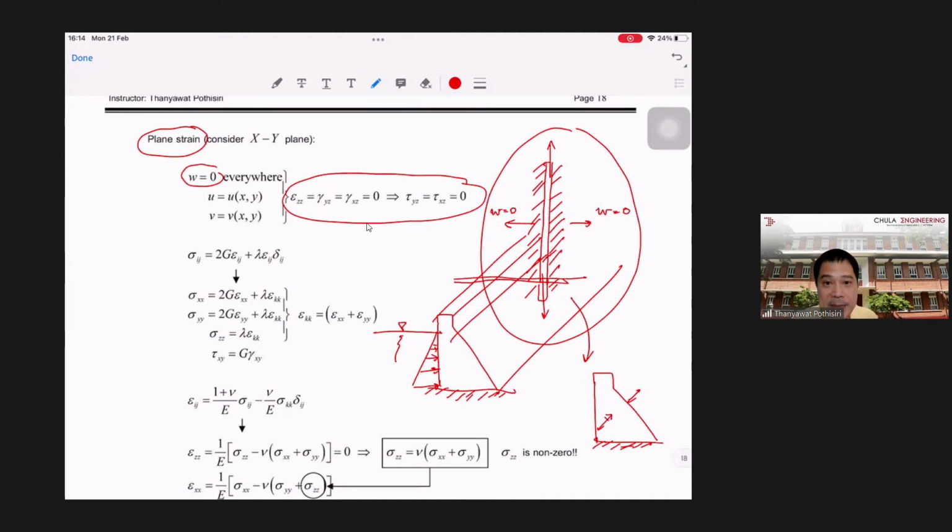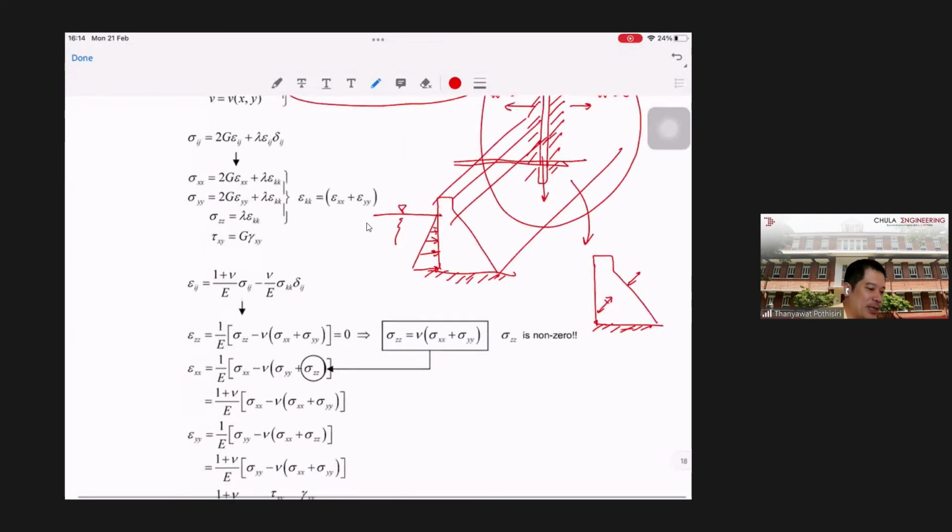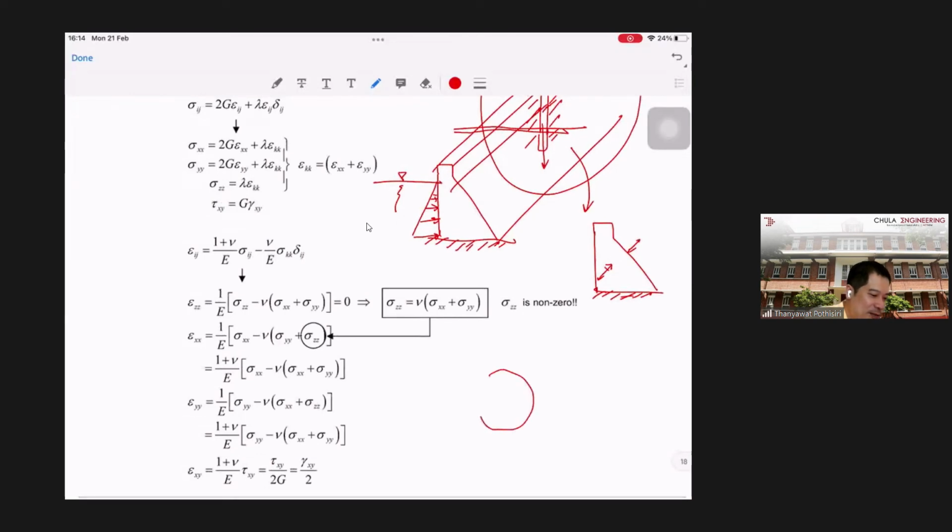Okay, so a dam is an example. The other example would be what? Tunnels, right? Tunnels can also be thought of like a dam. Suppose you have a tunnel, and this tunnel is quite long.